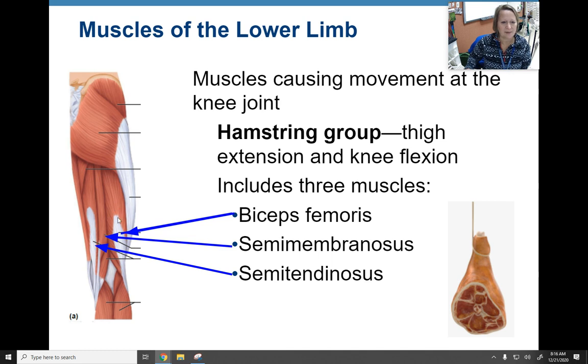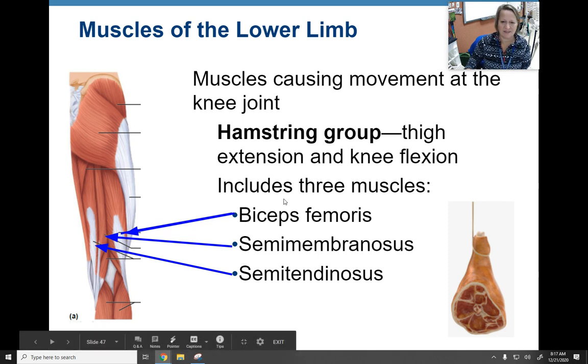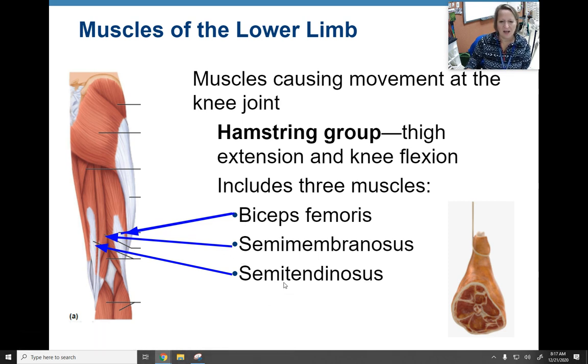So there's the biceps femoris, the semimembranosus. Right, wait, I think I have those backwards. The semitendinosus is this long one, and the semimembranosus is the inner one. You don't need to know them separately, so it's not necessary to really focus in on which is which.